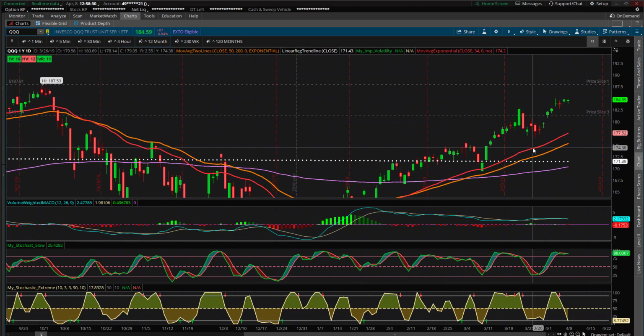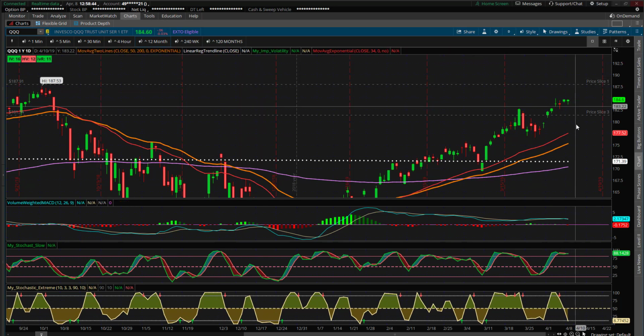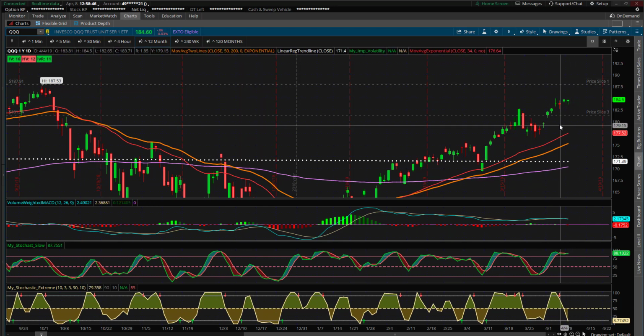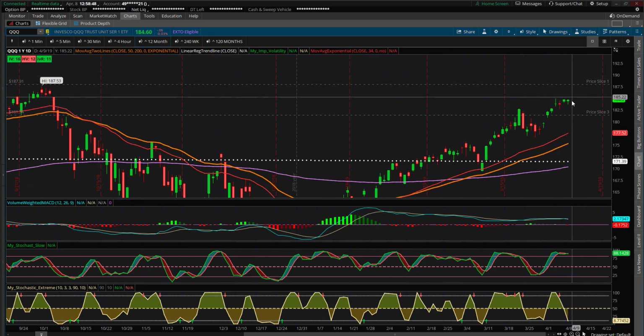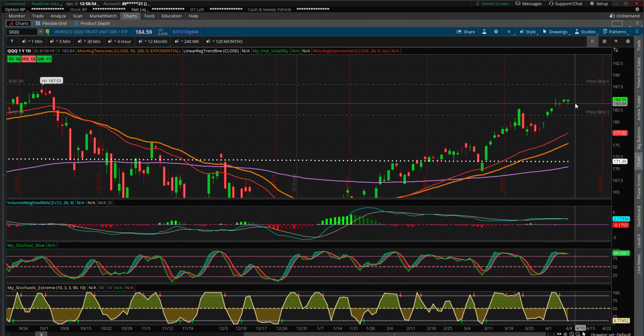Now, right off the top, we could think about iron condors, which would mean building a credit spread above this price slice and a credit spread below this strike price. And when you put those two credit spreads together, that creates an iron condor. As long as price stays inside of our iron condor, then we would look to get paid at the end of the week.